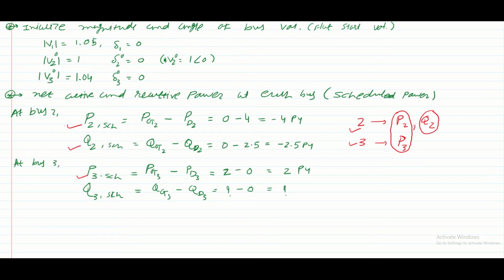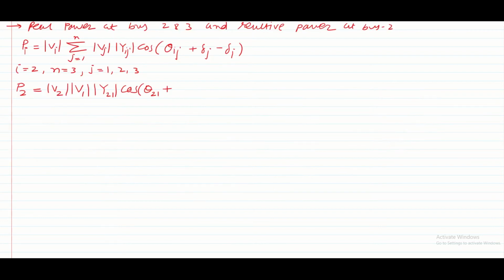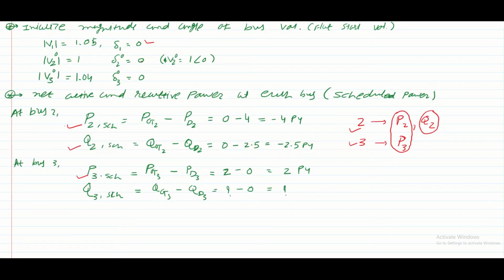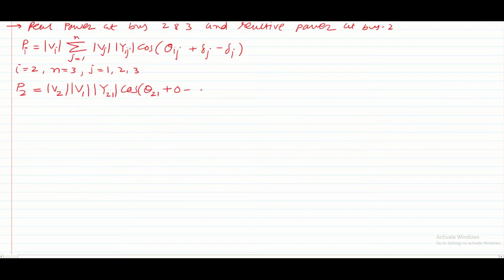What is the value of delta j? For j equal to 1, that means delta 1, which is 0 over here. So substitute delta j which is 0, minus delta i for i equal to 2, the value of delta 2, which is 0. So again it is 0.